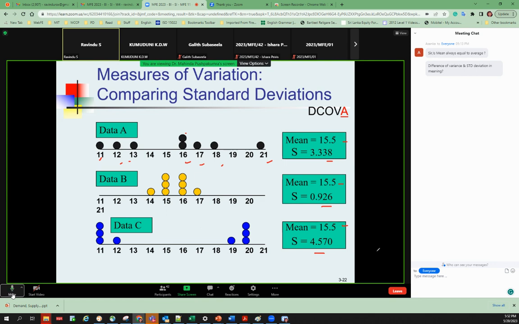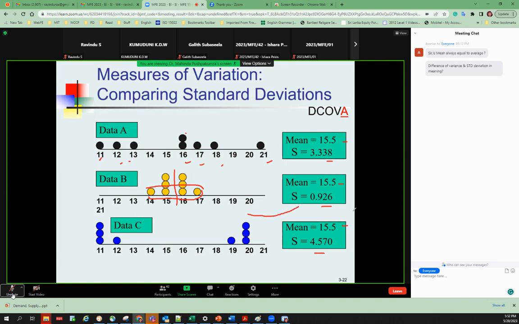Yes, data set B is concentrated around the mean and C is dispersed. In data set B, the mean is 15.5 and most observations are around the mean. They do not deviate much from the mean. That's why the standard deviation is very low.